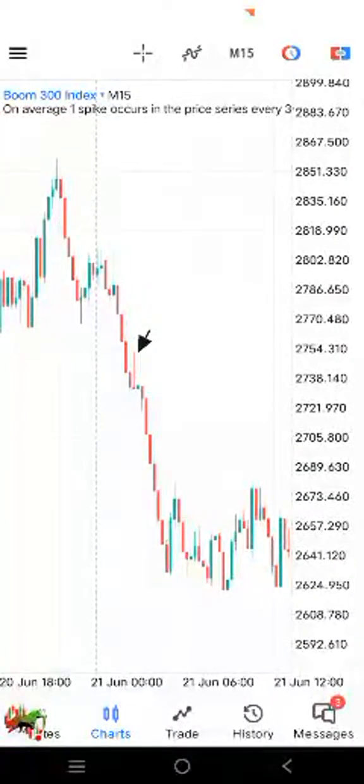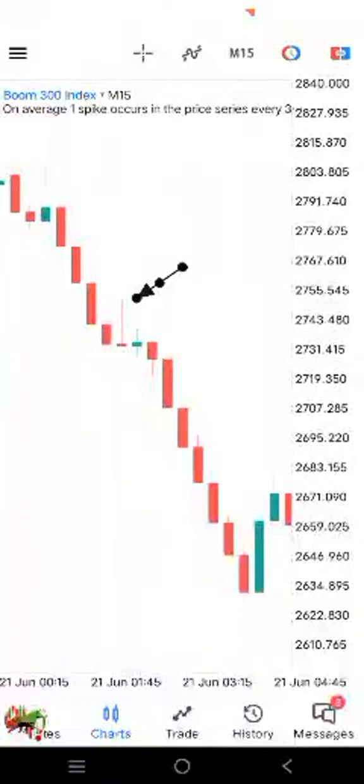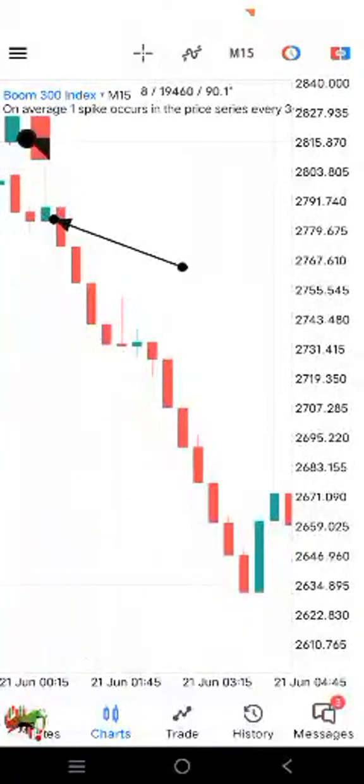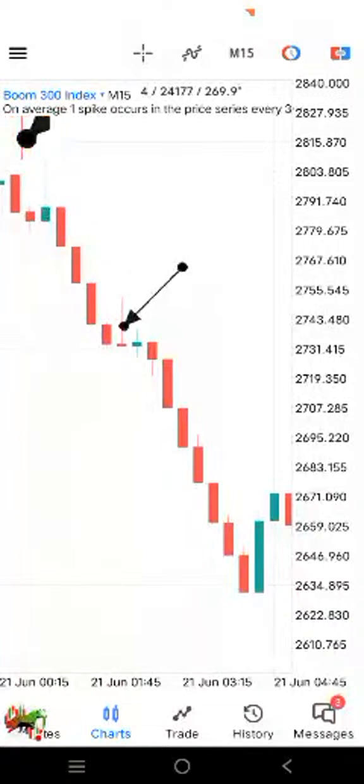Yes, two hammer candles. One is bullish and the other one bearish. The bullish one is also a reversal pattern, no matter, but there is a wick under its body. So we don't like that type of hammer. We like this type of hammer.